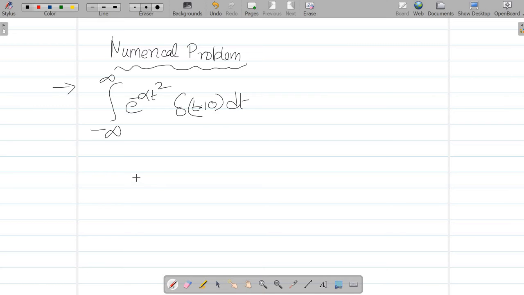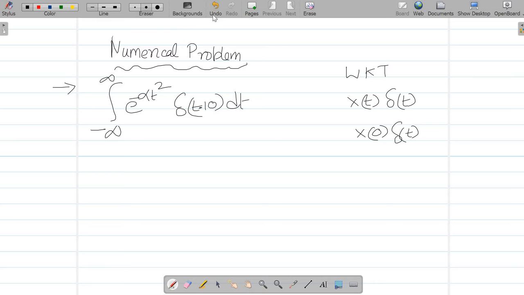So let us try to solve this. Now we know that x of t, when it is multiplied by delta t, that is the impulse function, what we get is x of 0 into delta t. That is, what has happened is there was a 0 here.